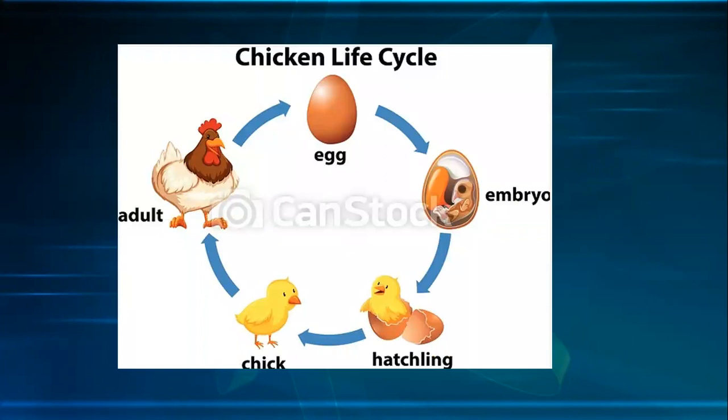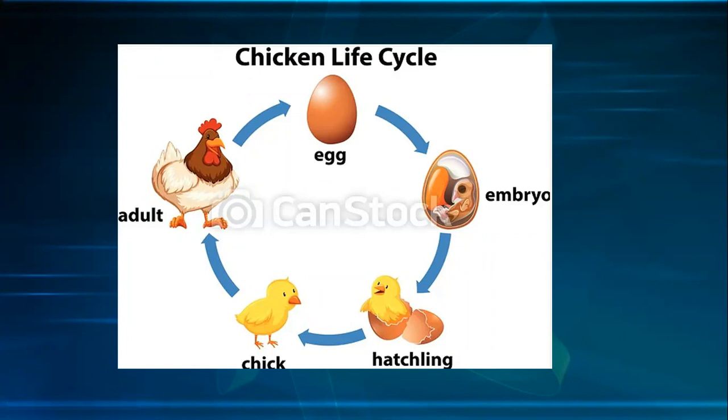The reason why I chose this picture is just for us to have a clear understanding of what a life cycle is. So I took this subset as an example. Chicken, let's take it. We all eat chicken. But chicken didn't turn to an adult in one day. It started from the egg first. When this egg was laid, the chick was growing inside it, the embryo.